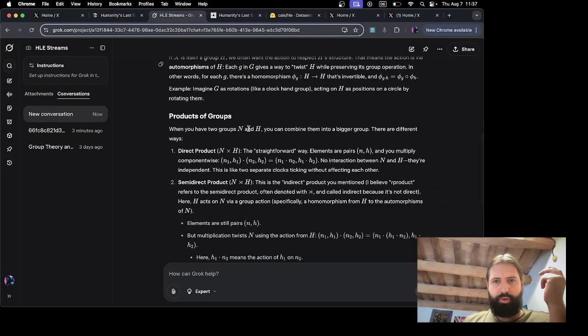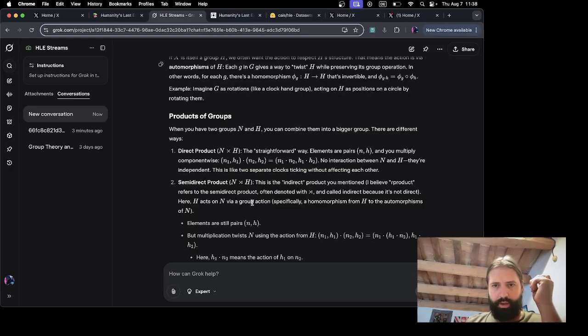So when you have two groups N and H, you can combine them into a bigger group. There are different ways. You can do a direct product. It's a straightforward way. So you pair elements and you multiply component-wise. So there's no interaction between N and H. They're independent. It's like two separate clocks ticking without affecting each other. Those examples are not the best, I think.